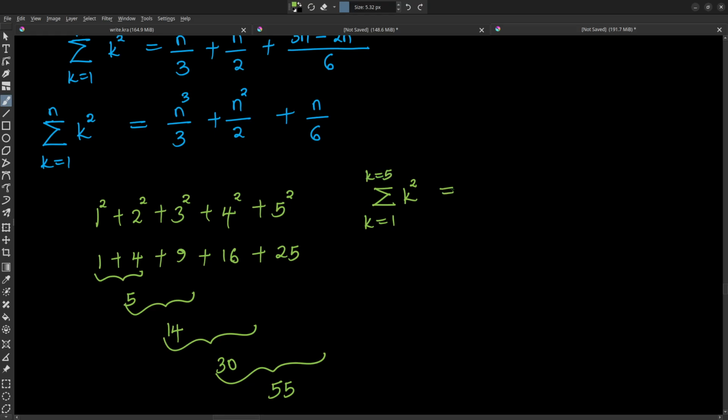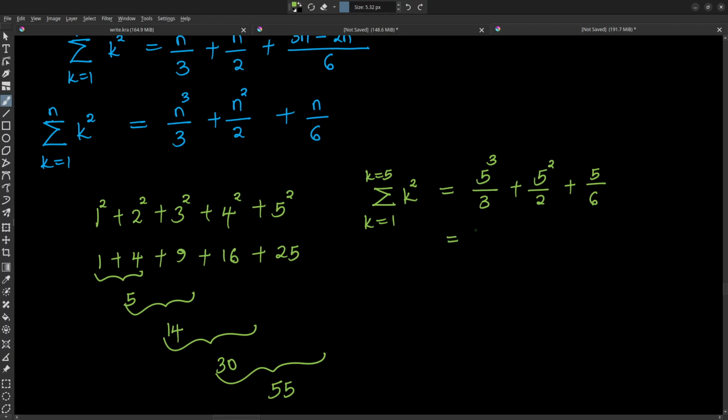And we've said that this is going to be the value of n, which is 5. So we take 5 cubed over 3 plus 5 squared over 2, and then plus 5 over 6. Okay, let's expand this and see if we get the same answer.